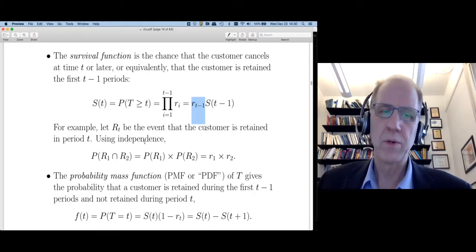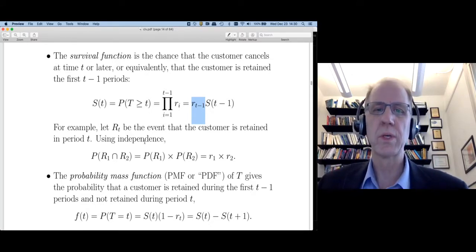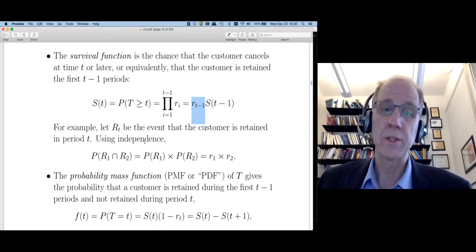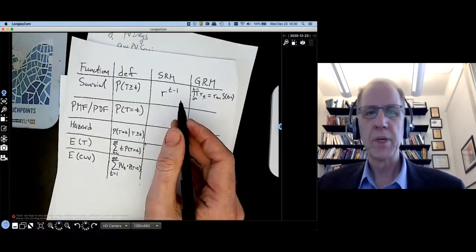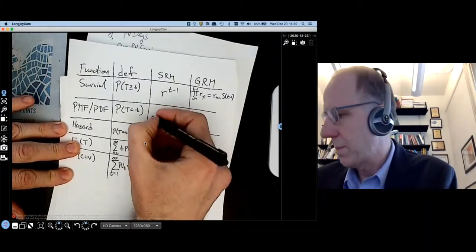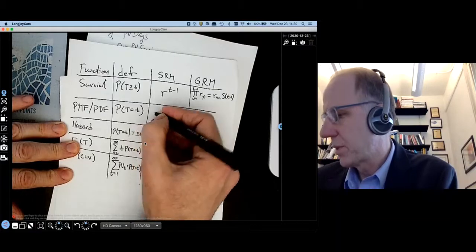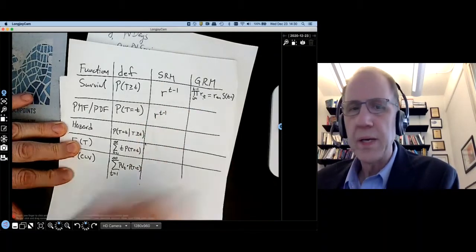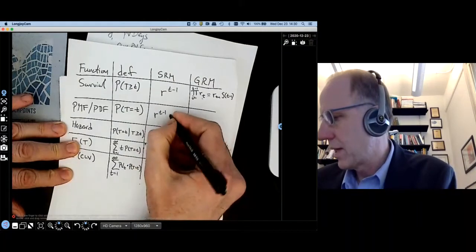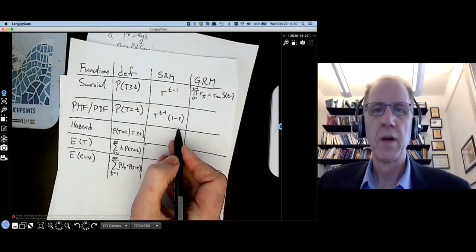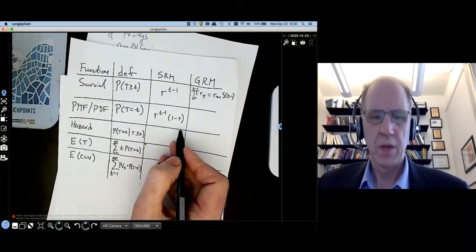But for our setting where we have these discrete payment periods, we're going to be using a probability mass function instead. Well, let me go write out what we derived in my previous video for the simple retention model. So I have to keep you around t minus 1 periods, then I lose you. So that would be the PMF for the simple retention model.